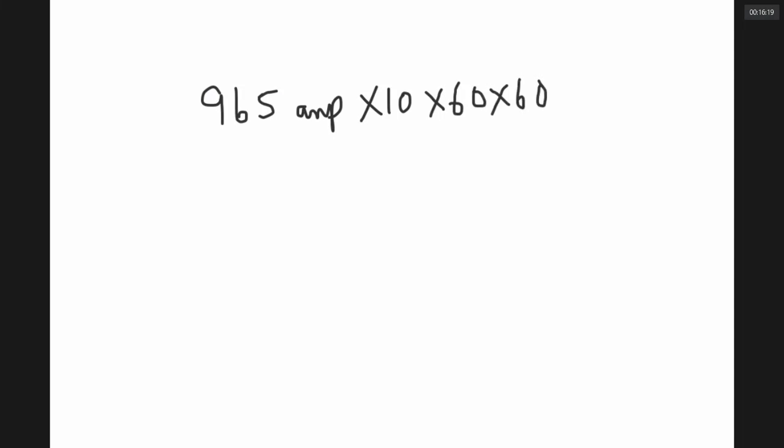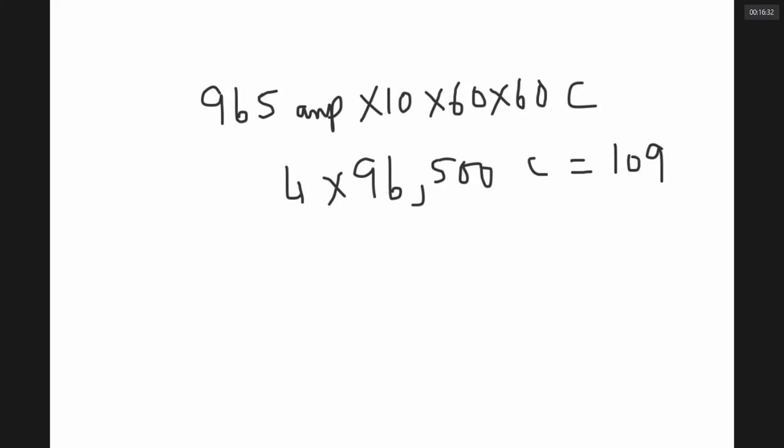Now the current passed was 9.65 amperes per 10 hours. These many coulombs. I know clearly 96,500 into 4 coulombs will give me 109 grams of my para-aminophenol. These many coulombs will give how much?